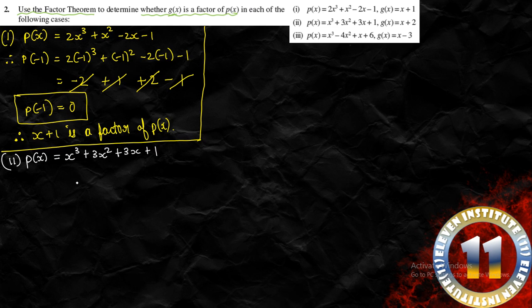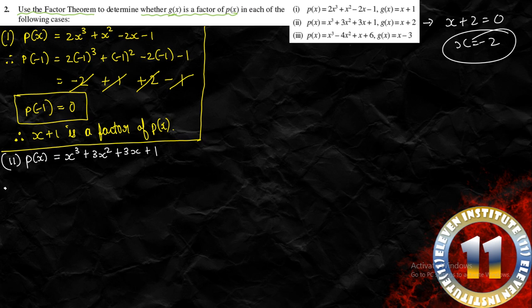This is the polynomial that is given to us. And we have to check whether x plus 2 is a factor or not. So we will take x plus 2 as 0. So what we get is x is equal to -2. So instead of x we will put -2. If the answer is 0, then G(x) will be a factor of P(x). Very simple. So let us do that.